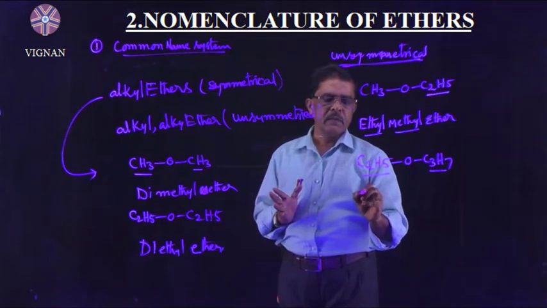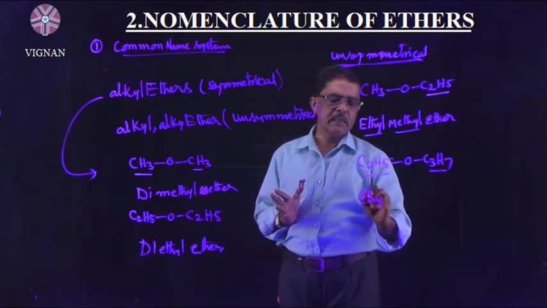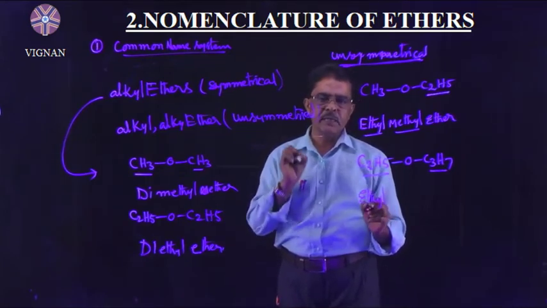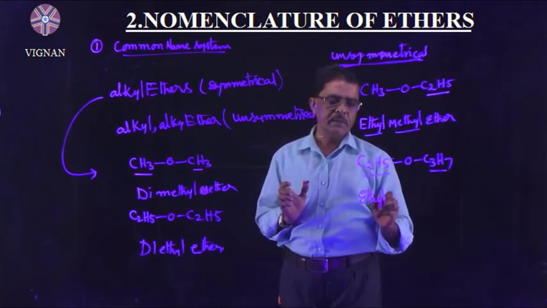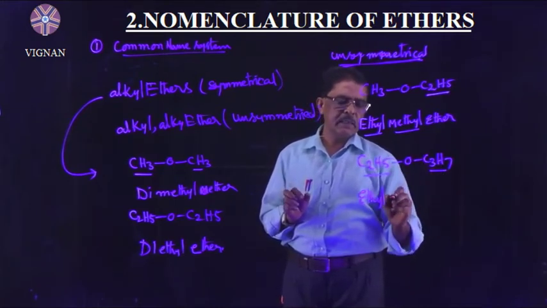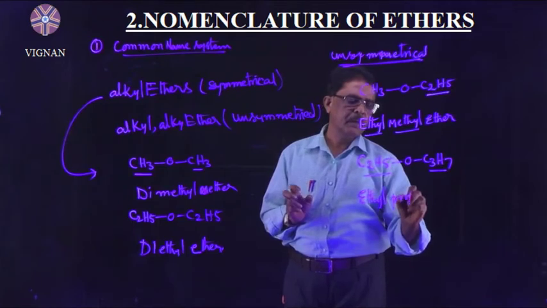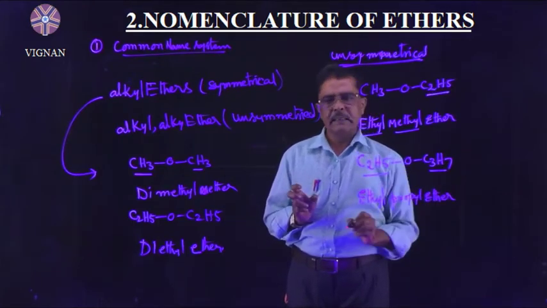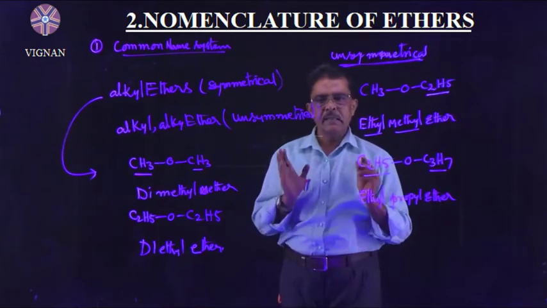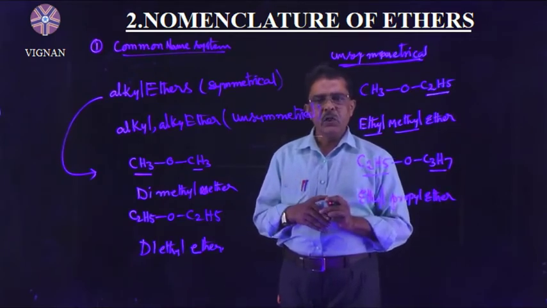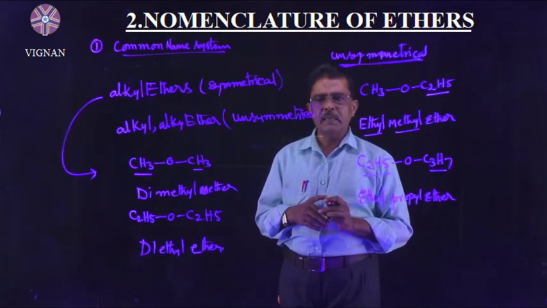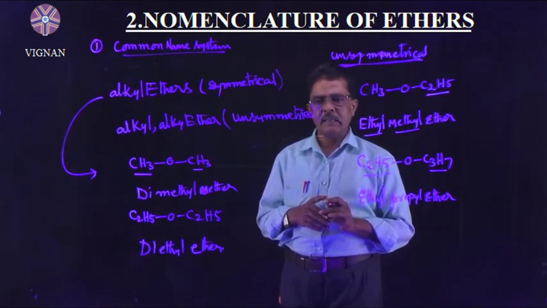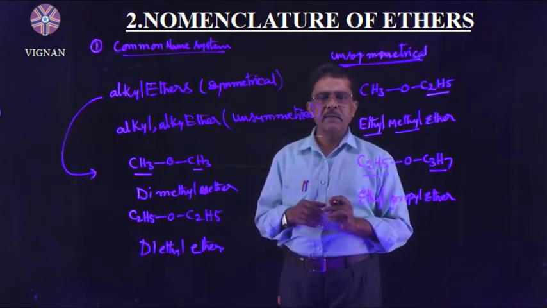Therefore, first of all, we write the ethyl group, and the second one is propyl, then ether: ethyl propyl ether. This is the way to give the common nomenclature for ethers. Let us now discuss the IUPAC nomenclature of ethers.